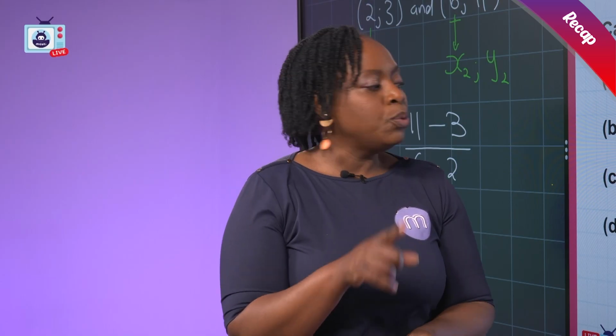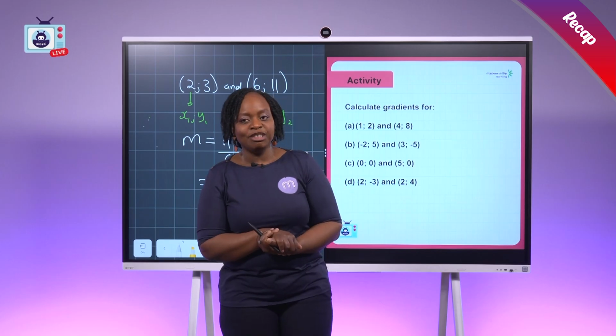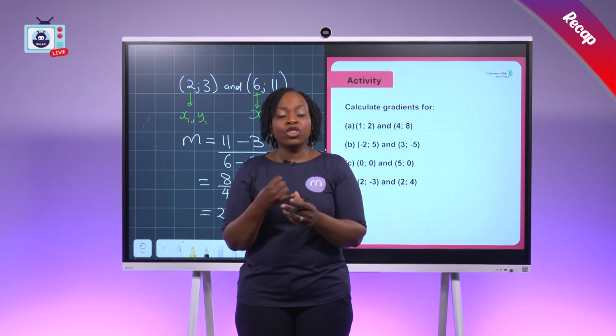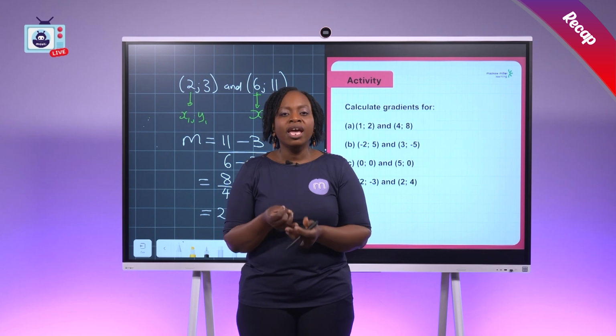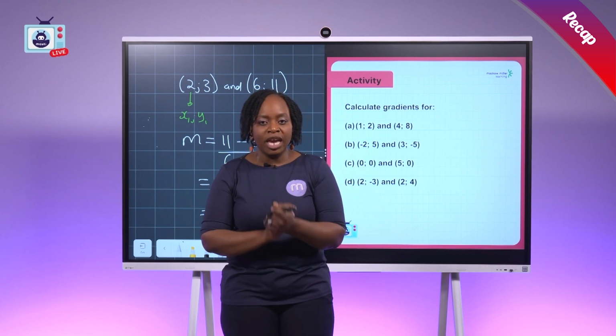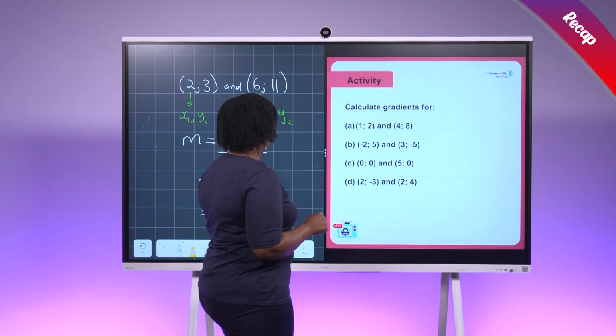As you are trying to calculate those, I want you to put your answer, just the answer, into the chart so that we can work on it together. I'm going to give you a few minutes to look into that and use the same method that we have just used, with your gradient formula equation as well as the points that are given to you, to calculate the gradient. I'm very sure that you can grasp that.